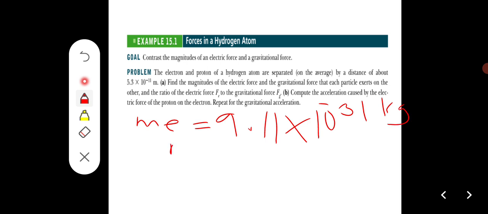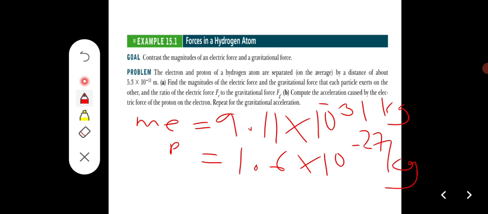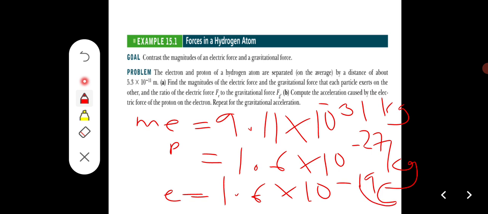Then the mass of the proton is equal to 1.6 times 10 to the power negative 27 kg. Then the charge of the electron is 1.6 times 10 to the power negative 19 coulomb.